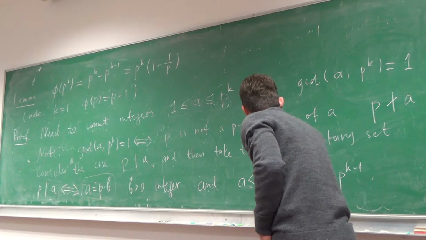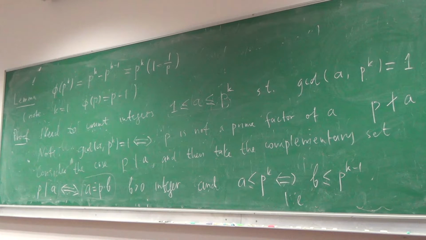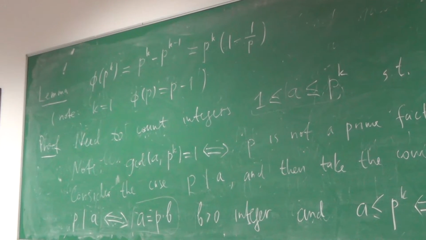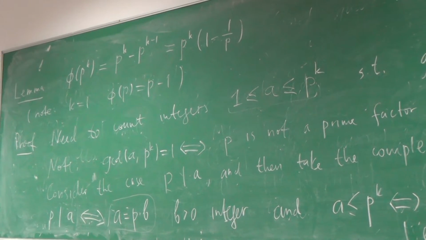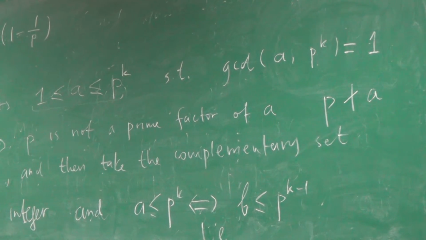So we have A is P times B, and B is from 1 to the previous power.